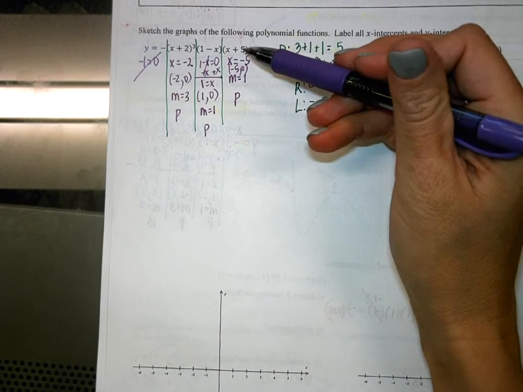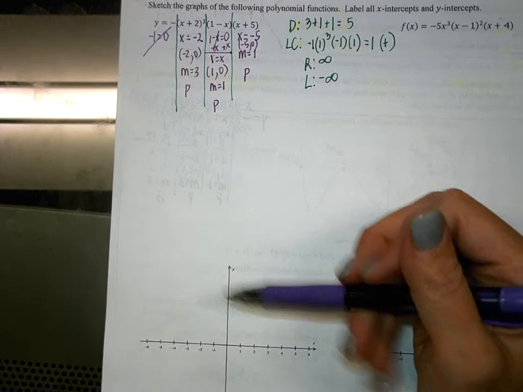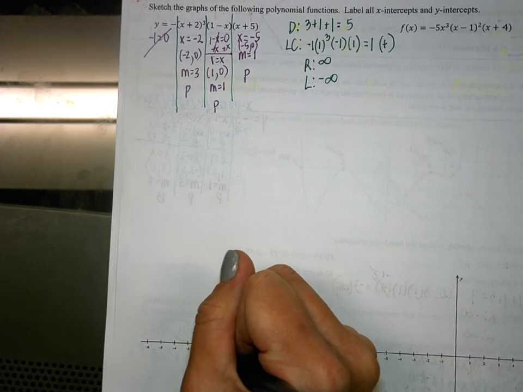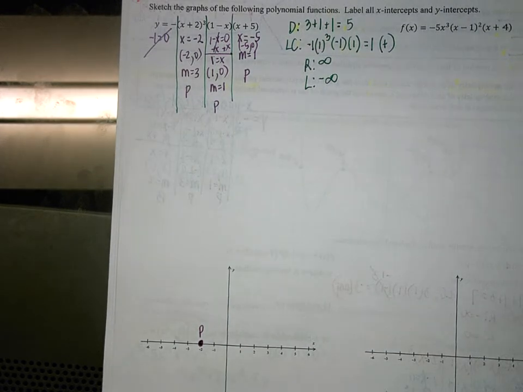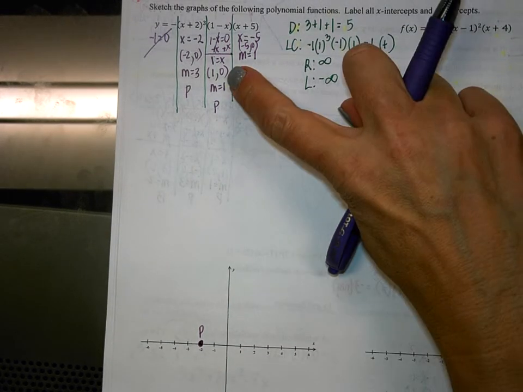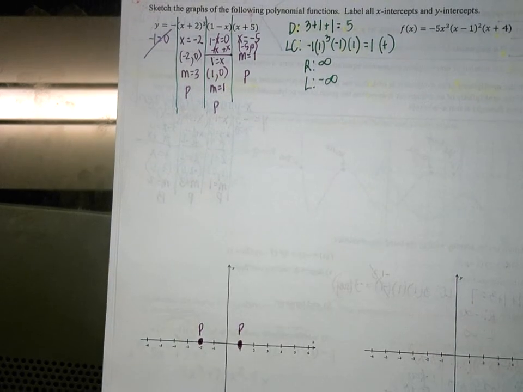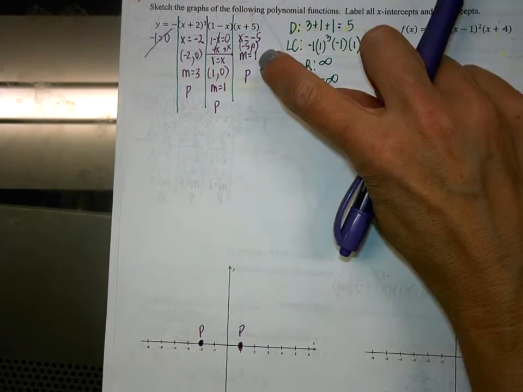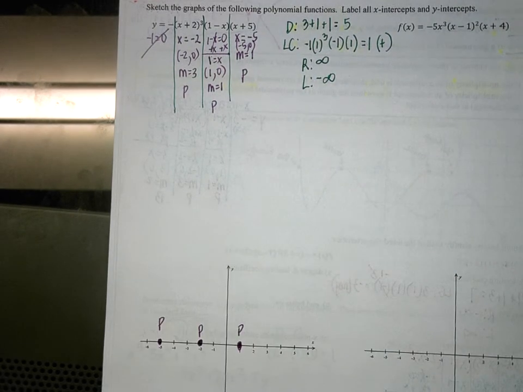Negative 2, 0, there's a point there, and I'm going to put a P to remind myself it passes through. There's a point at 1, 0. I put a P here to remind me it passes. There's a point at negative 5, 0. I make a point there and put a P to remind me that it passes.